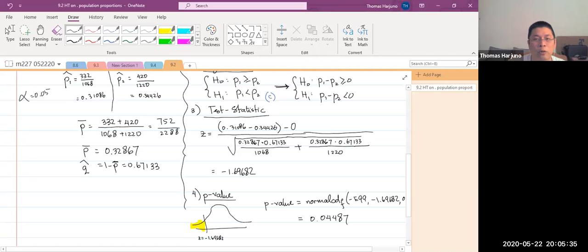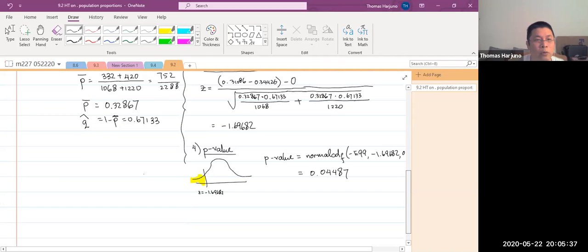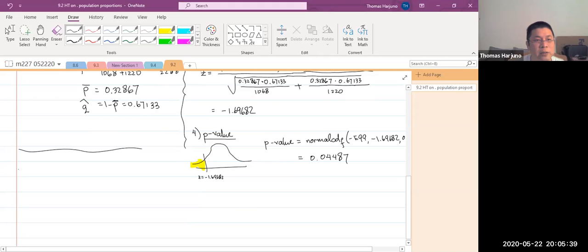then we come up to the conclusion, the informal conclusion, let me write it here to save some space: reject the null hypothesis.